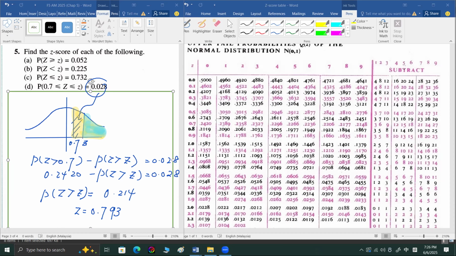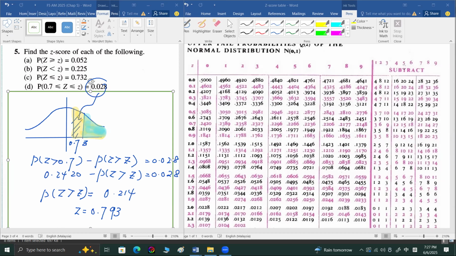Okay, see here. 0.7, 0.214. The nearest one is this already. See, 0.214, an extra of 8 here.